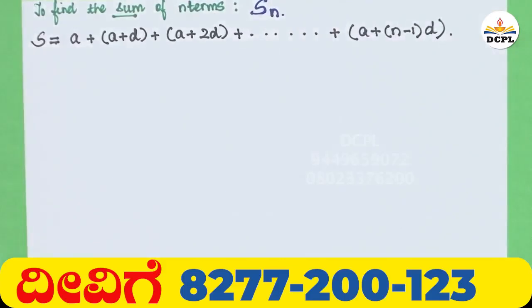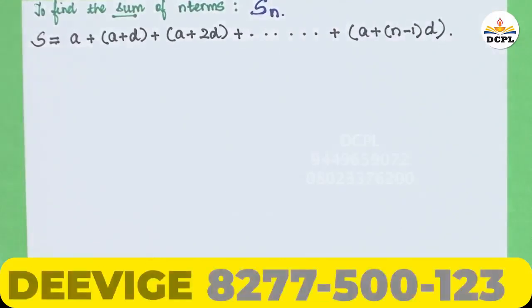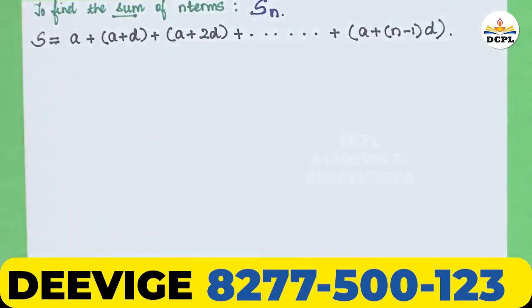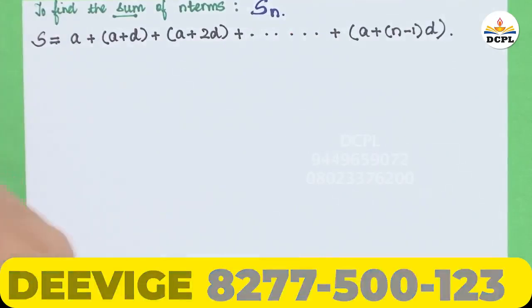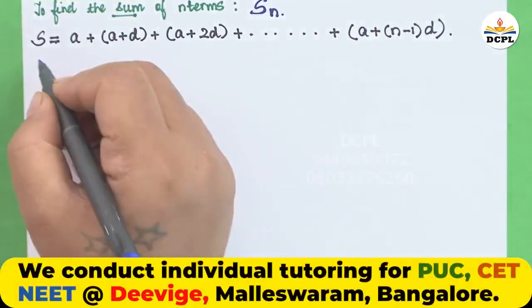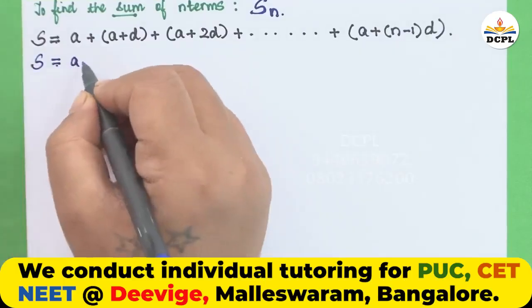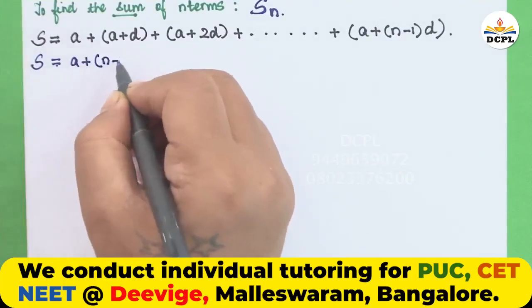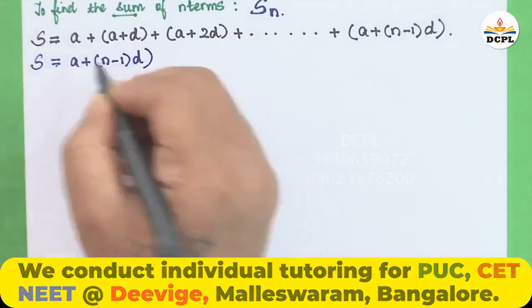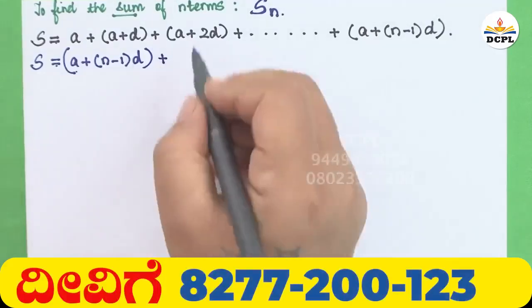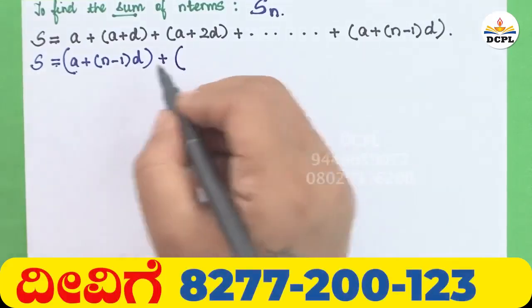So now we need to find the value of S. So what do we do? We write the same terms again in the reverse order. When we write these terms in the reverse order, how does it look? It will become S is equal to a plus n minus 1 into d, this is the last term, plus the term previous to the last term.